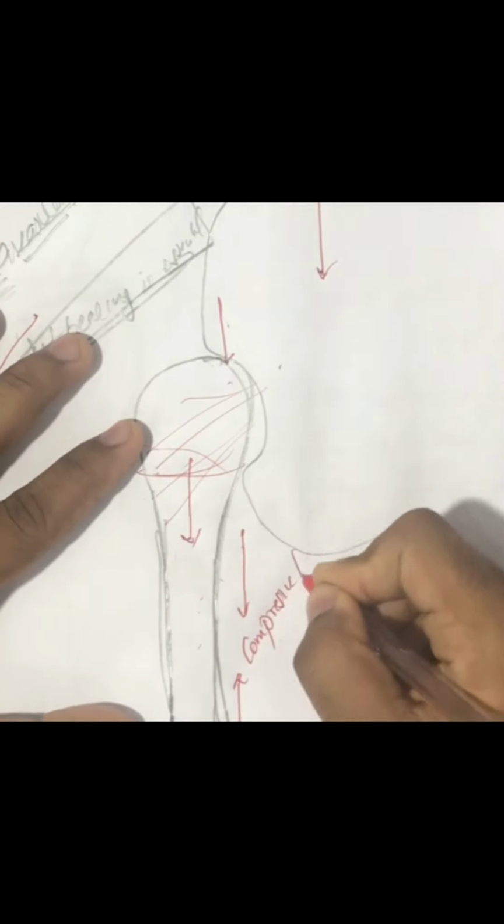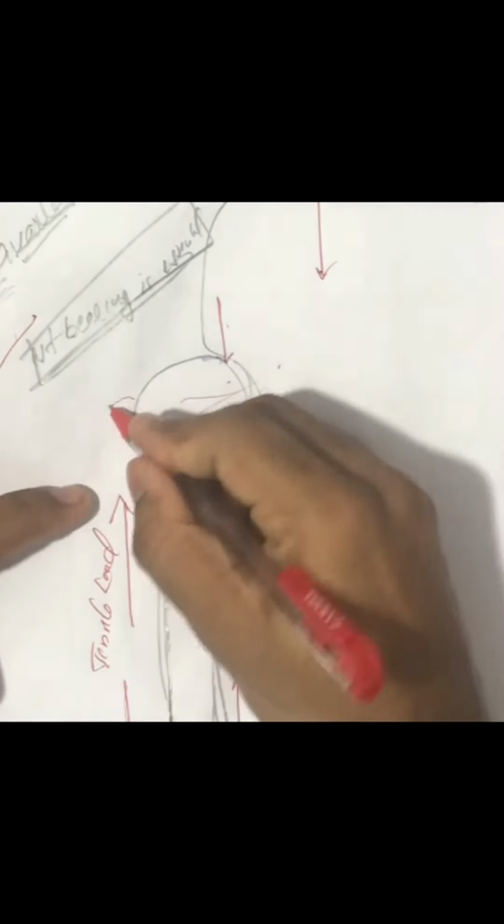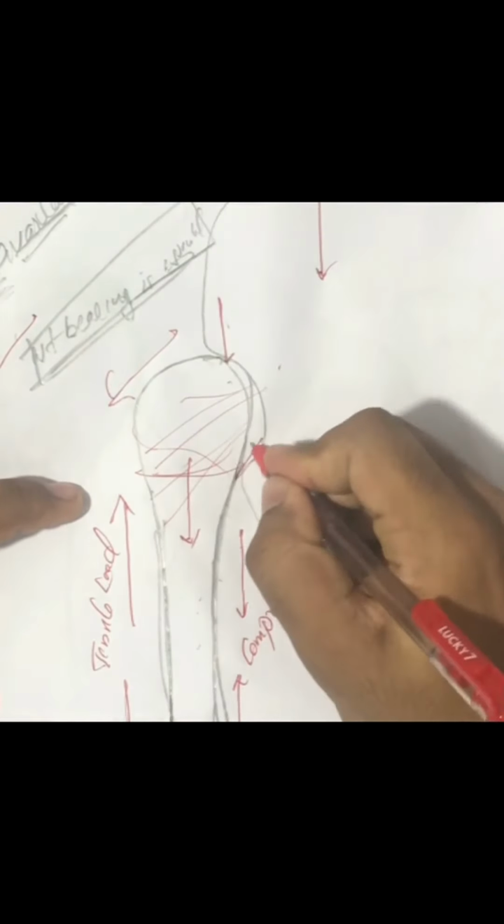So the medial side of the shaft is always facing compressive load, and its lateral side always has to face the tensile load. That is the same thing. Here this is the tensile, here this is the compressive.